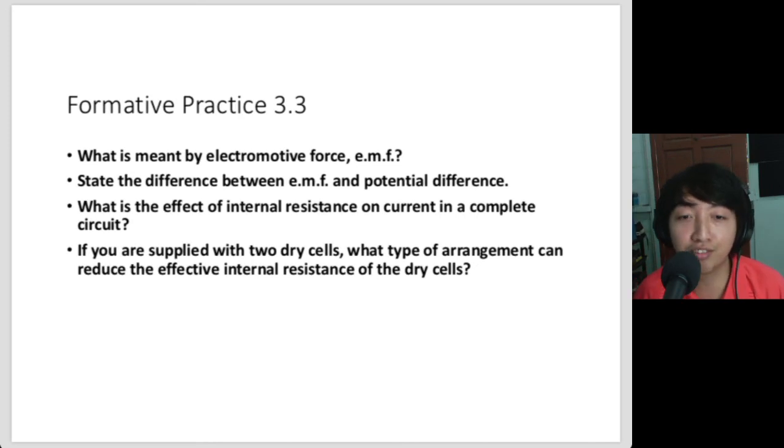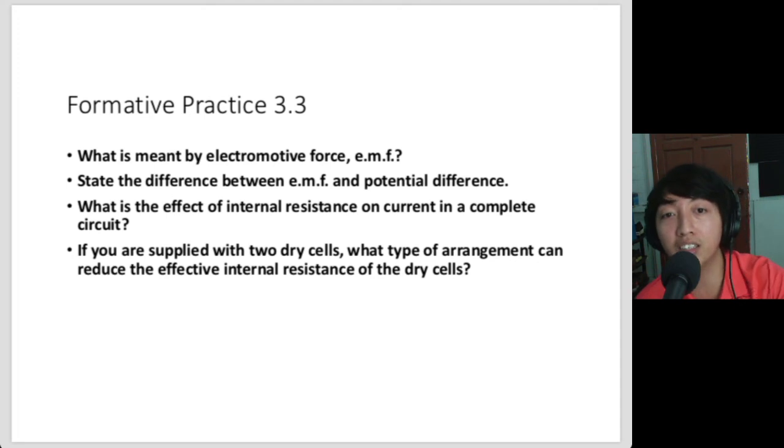All right, formative practice 3.3. I'm not going to ask you to do this homework, because we can just review it right now. What is meant by electromotive force? We discussed it earlier.